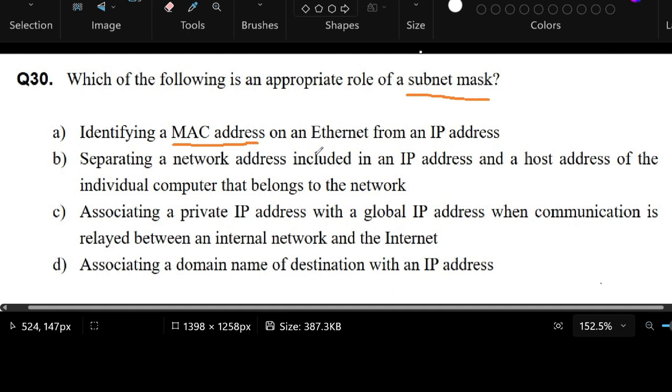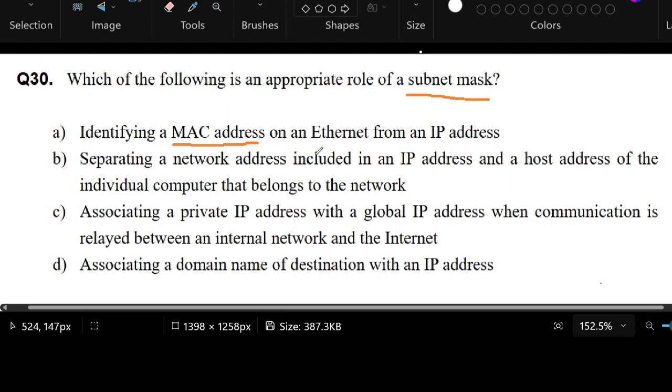Like if you're using Windows, you can do the ipconfig command on your command prompt, and it'll tell you what your MAC address is, and the MAC address is your machine address.